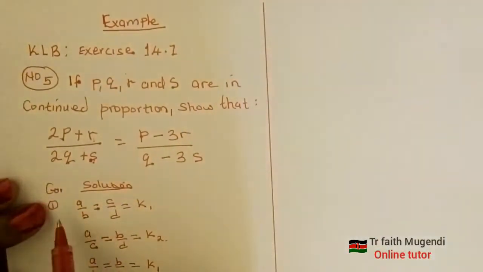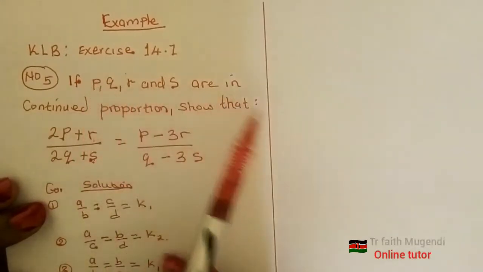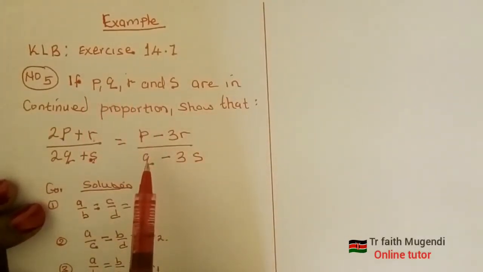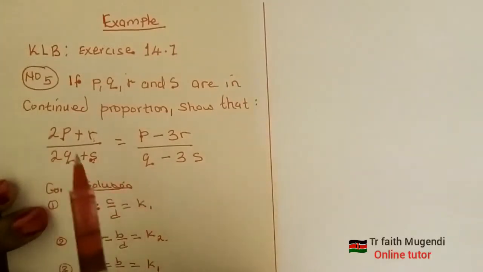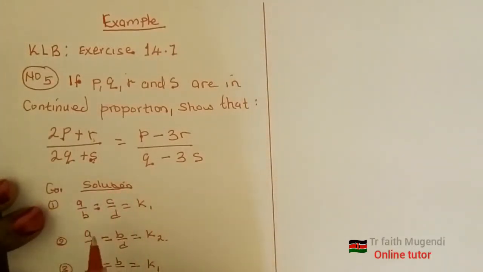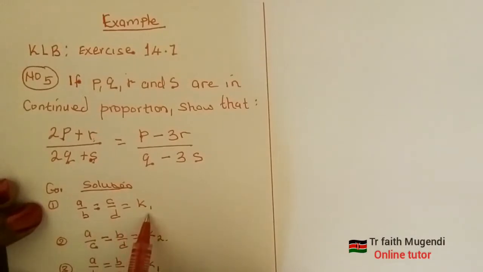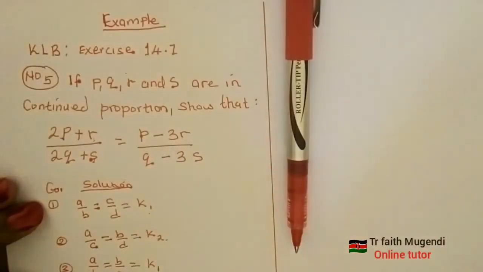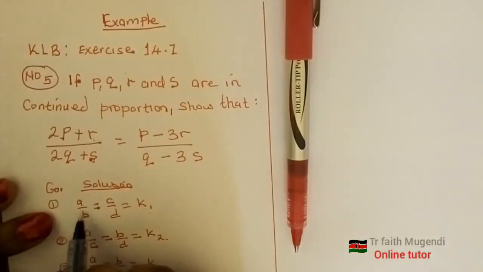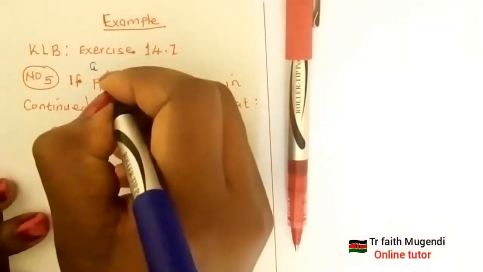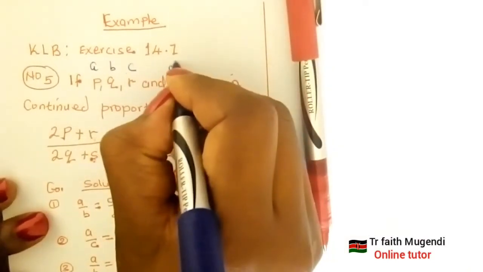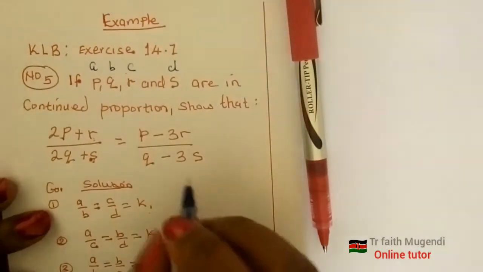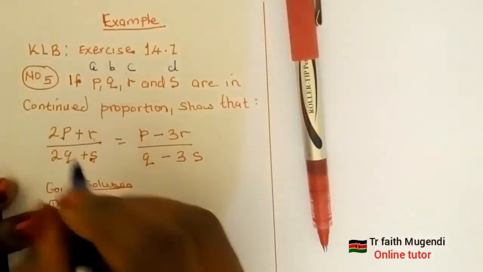So we have P, Q, R, and S, and we have been told that they are in continuous proportion. And I have told you what we want to do over here. So if we take principle number 1, is it going to help? Let's try to check whether it is going to help us. So if P is our A, Q is our B, R is our C, and S is our D, what do we do now?